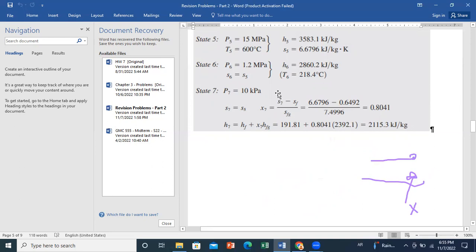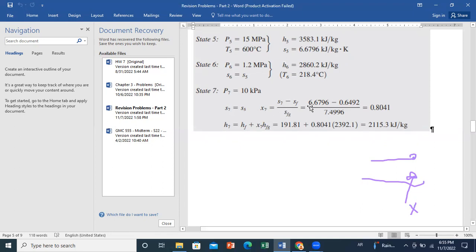So knowing that S5 is equal to S7, and knowing the value of SFG from thermodynamic tables at the minimal pressure, you can compute the percentage of vapor as S7 minus SF over SFG, where SF is the value of S at saturated liquid, and SFG is the difference between SG and SF. This is the formula to get the percentage of vapor at your point 7.